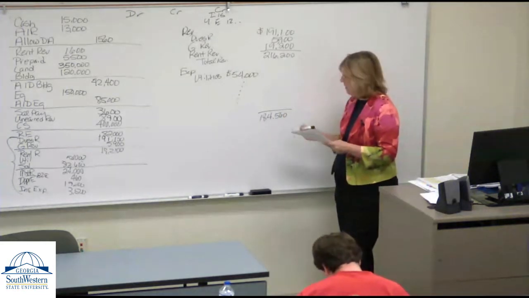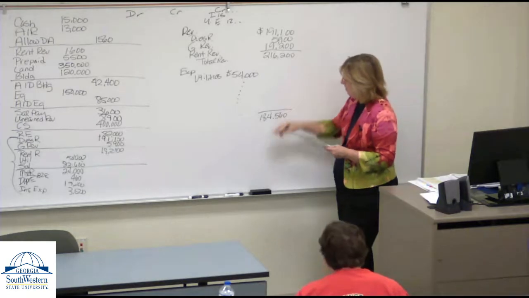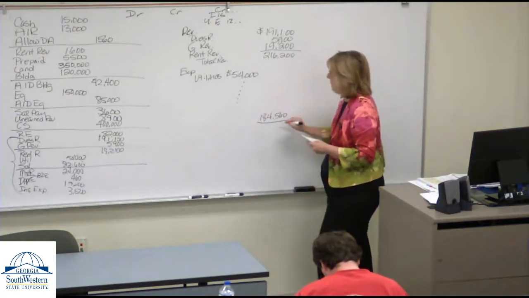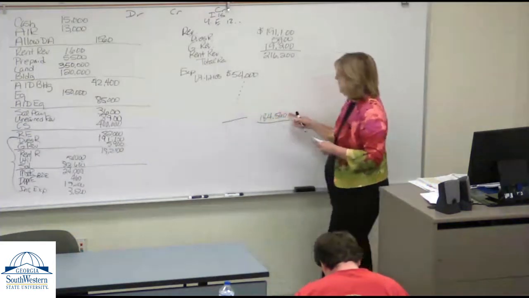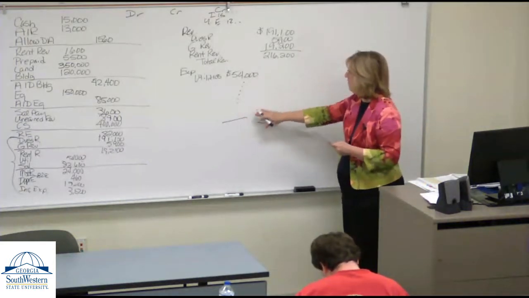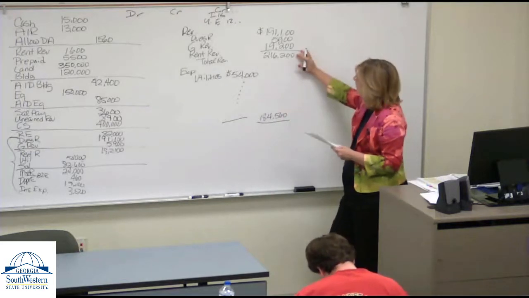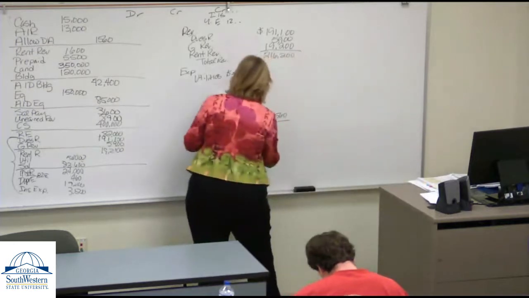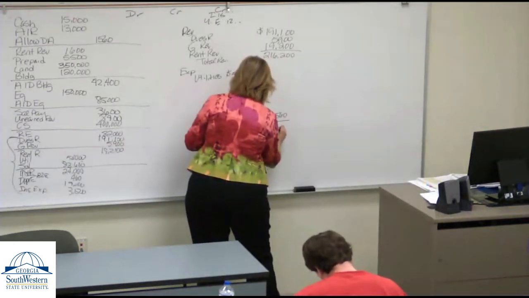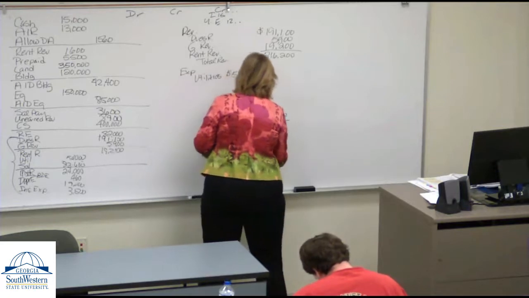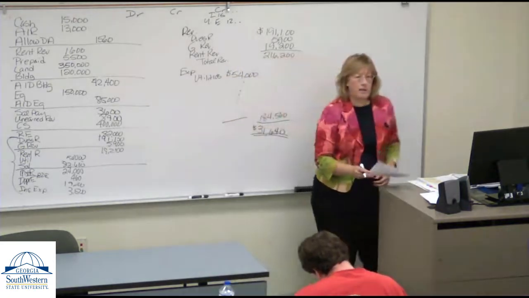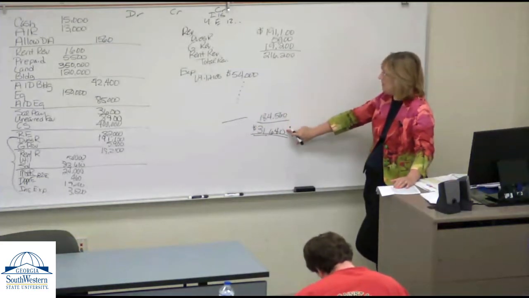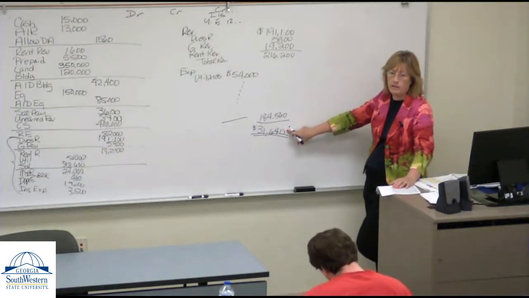Okay, so we list all this out, total it up, put it over here, and we have revenues minus expenses equals net income of 31,640. See how that works? Revenues minus expenses is 31,640, right?